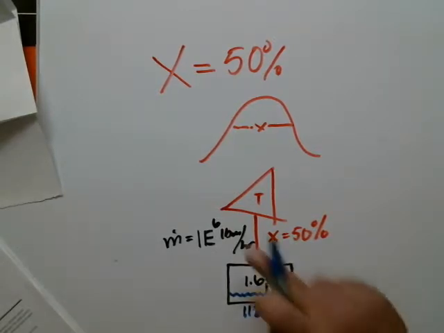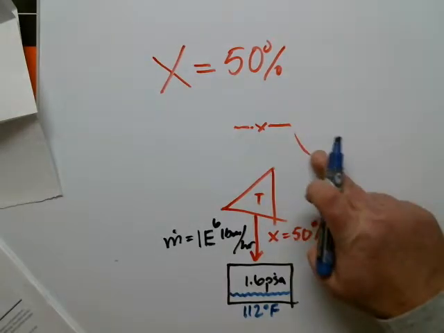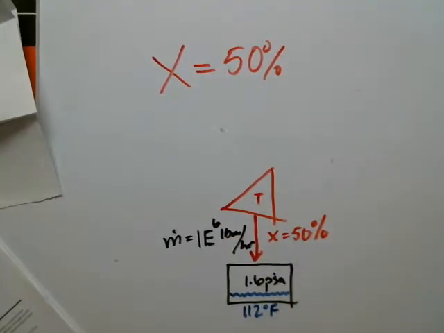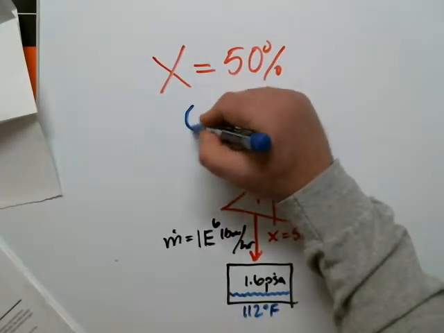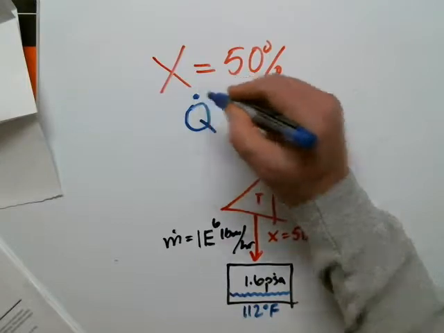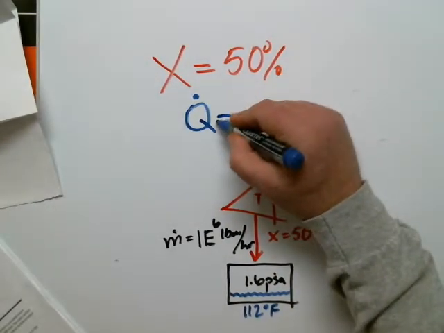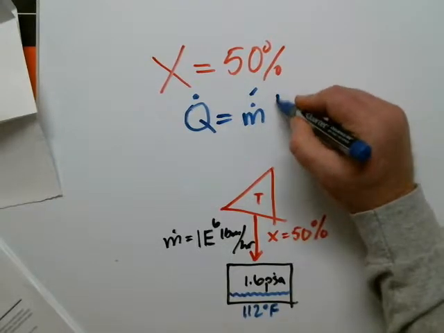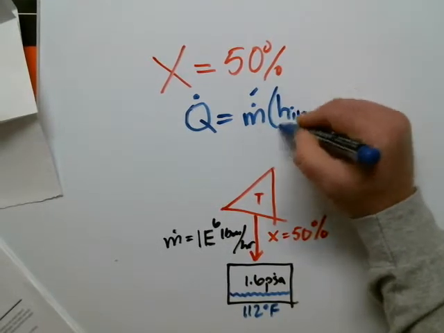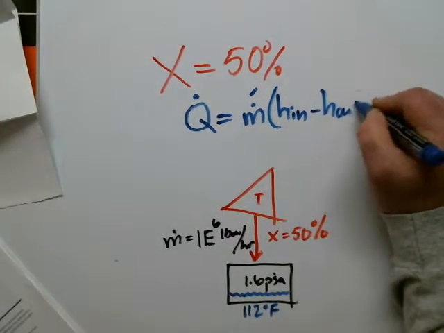Well, what they're really asking us is what is the BTUs per hour that energy is being deposited into the condenser? So one of the equations that we've looked at is Q dot equals mass flow rate, which we know, times enthalpy in minus enthalpy out.